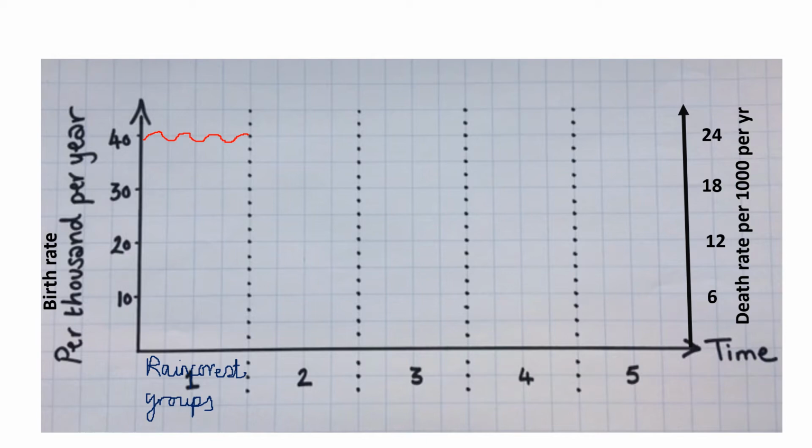And then we're going to look at the death rates in these areas. Death rates in these areas are also high. They'd be around about 24 per 1,000. So I'm going to draw my high fluctuating line again at the top here. Death rates are high because, again, they're isolated, so there's very little medical attention, there's very little medical knowledge. They possibly wouldn't trust medical systems.